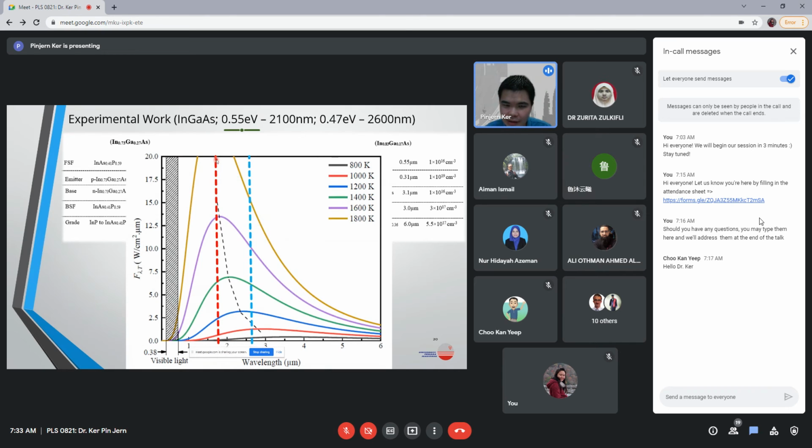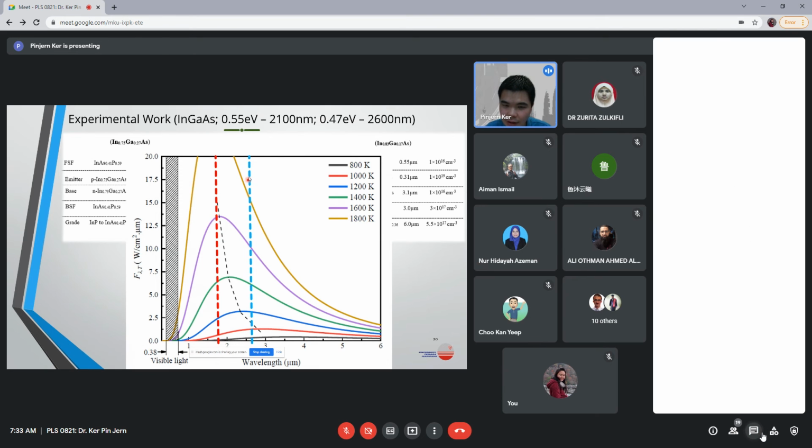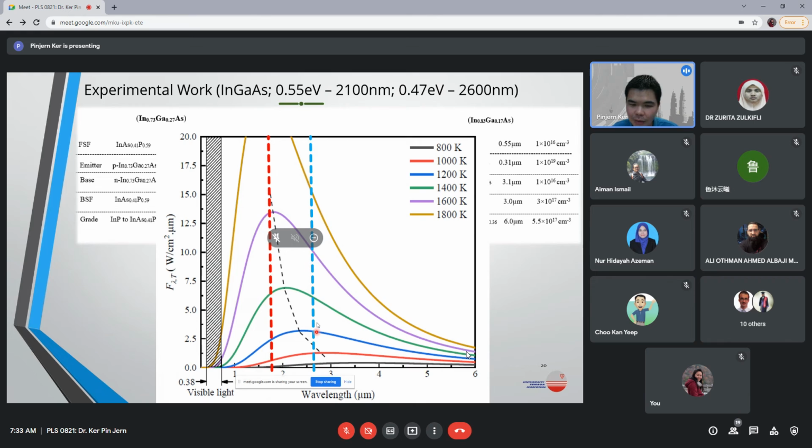Initially, your InGaAs is here, but when you change the composition, you are able to push the cutoff wavelength to more than 2.5 micrometers, or 2,600 nanometers. Therefore, you are able to harvest this part of the spectrum that you would otherwise lose if you were just using a gallium antimonide cell. This is the motivation behind that.